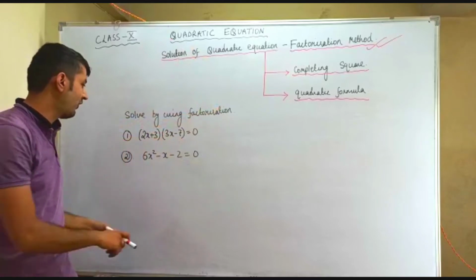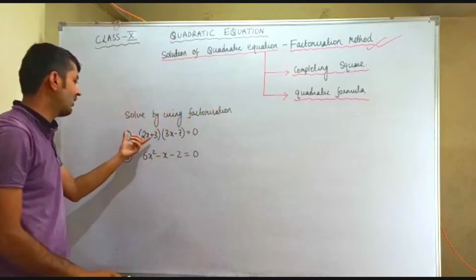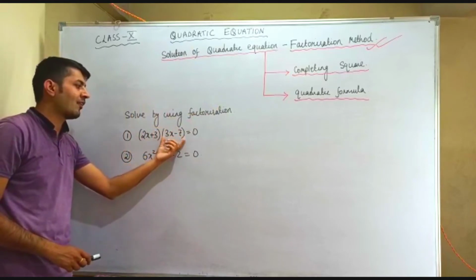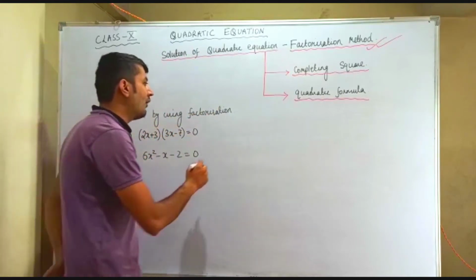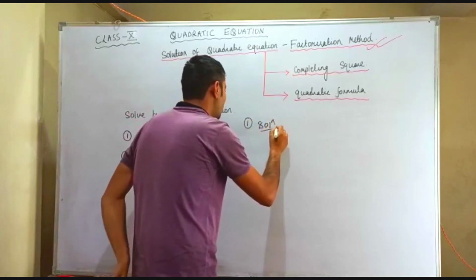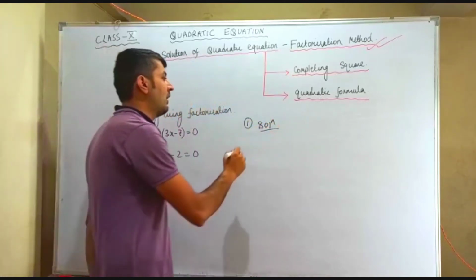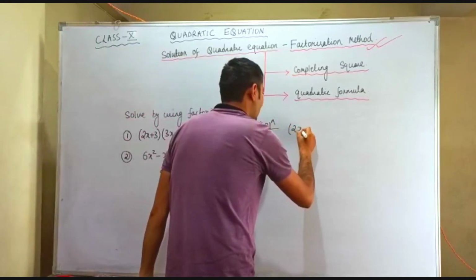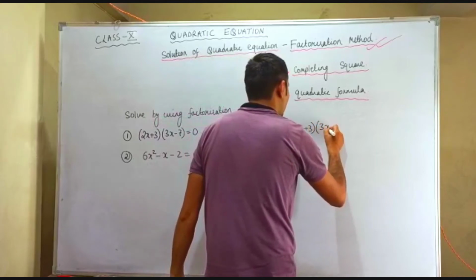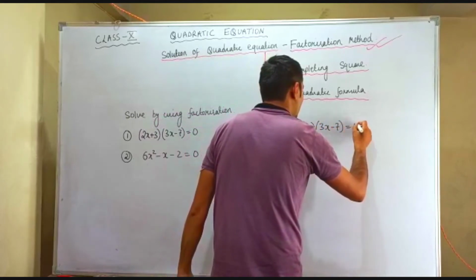So let us see the first question. It is given as (2x plus 3)(3x minus 7) is equal to 0. So how to solve this? It's very simple. 2x plus 3 into 3x minus 7 is equal to 0.